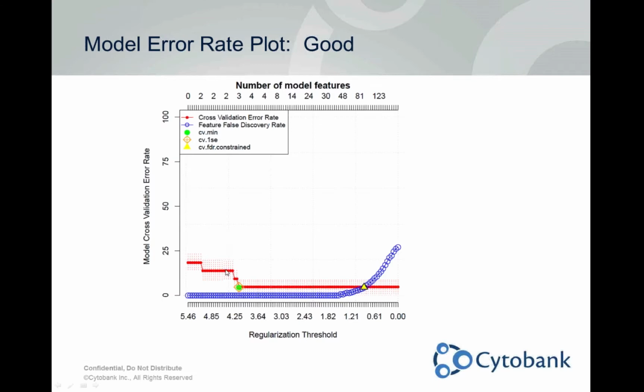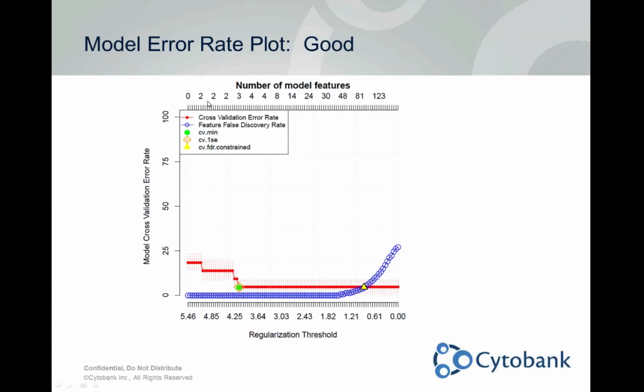The feature false discovery rate, this blue line, represents the fact that if you add more and more features, eventually one of these features is going to be a false positive. And this blue line is a representation of that. The CV-min and the CV1SE show you basically the model with the fewest number of features needed to best predict which group a sample is in.